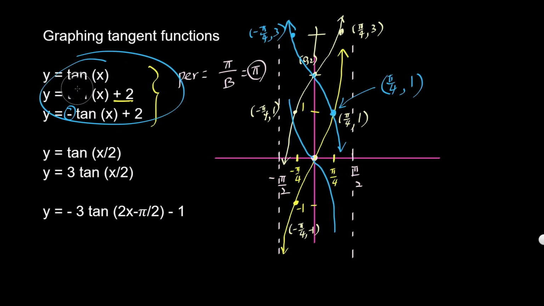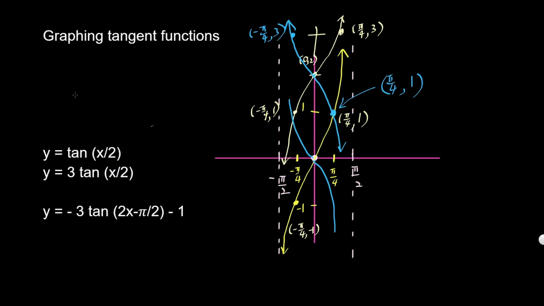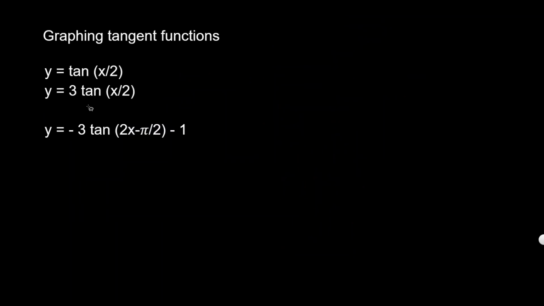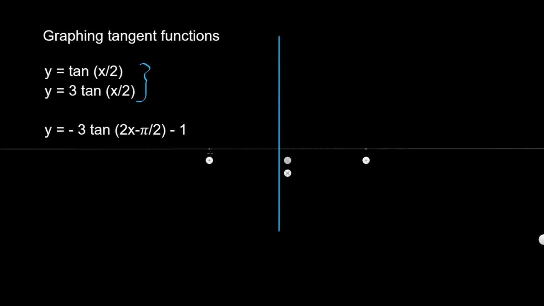And then moving on to, let's do the bottom one here. Let me erase everything. This time let's try to do these two in one xy axis. I'll draw my xy.